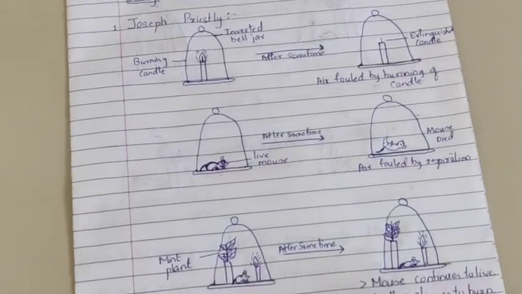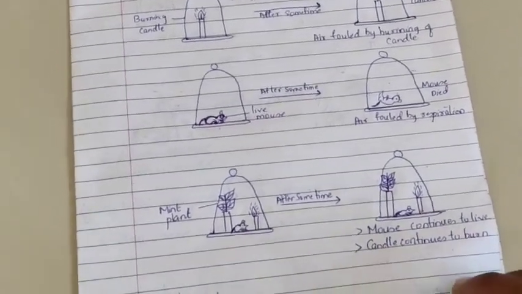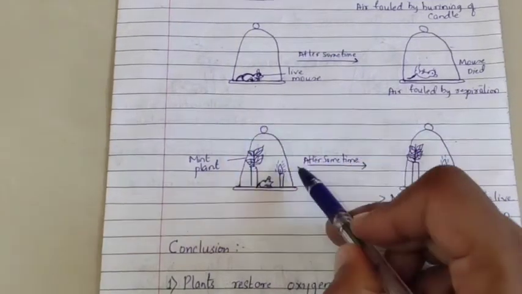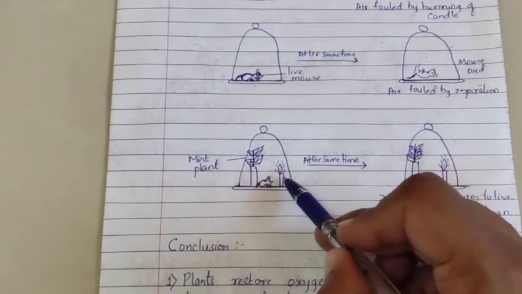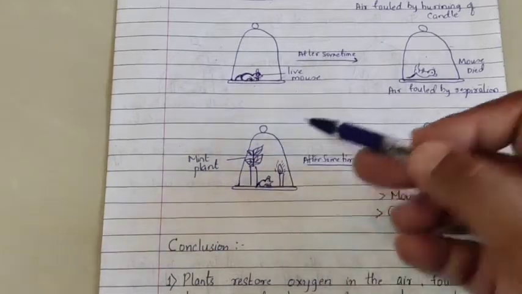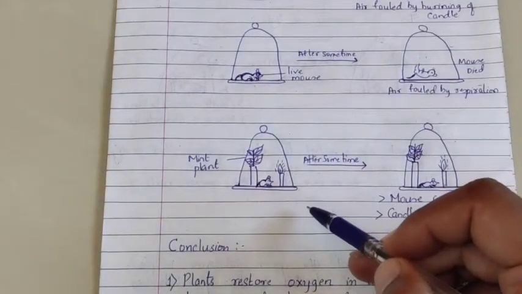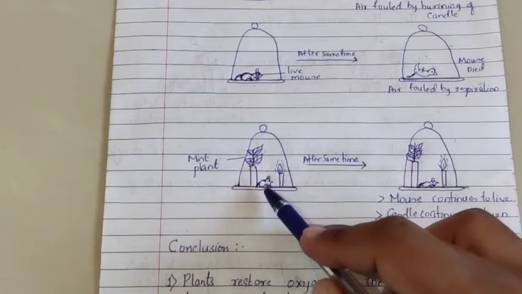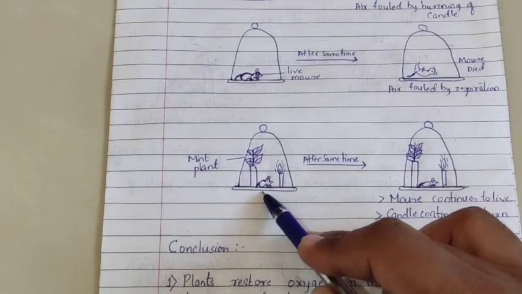In his next experiment, what is he going to do? He took a bell jar as usual. Inside that he took a burning candle, as in the first step of his experiment, as well as a live mouse.